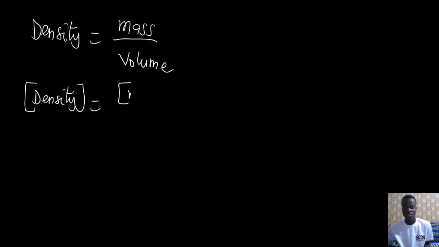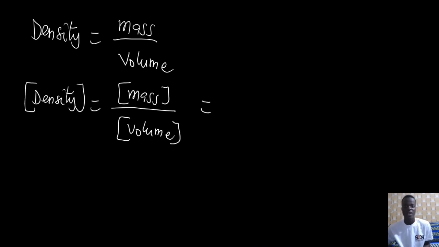So the dimension of mass divided by the dimension of volume. The dimension of mass, when we did the previous session, is capital M. And volume we just did, and volume is L cube. But if you're using indices, the length should go up and become L to the power negative 3, because it was 3 at the bottom.